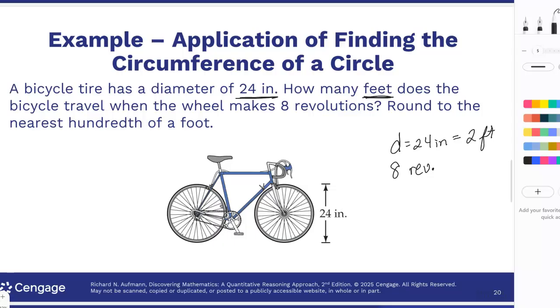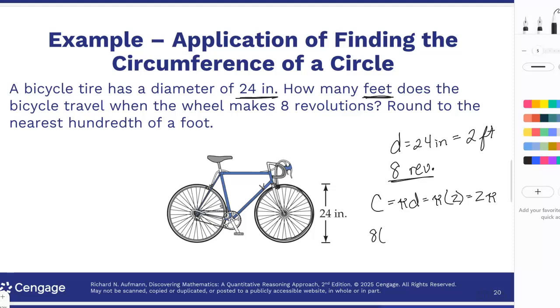So if we go around 1 time, that would be the circumference. It would be that distance traveled here. So we've got to figure that out first. Circumference is pi times diameter, which is going to be pi times 2, or 2 pi. And I want to know 8 revolutions. So I'm going to do this 8 times.